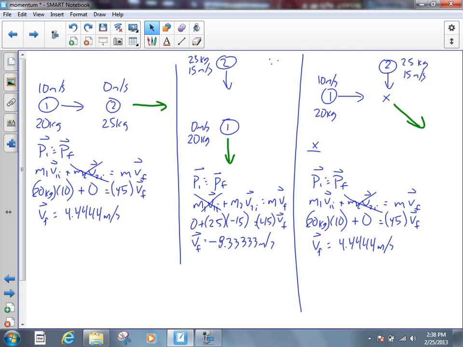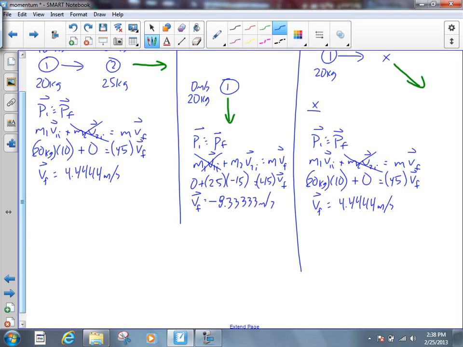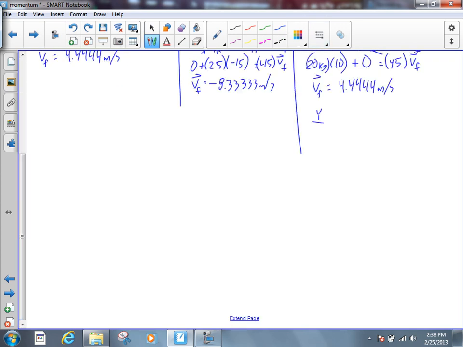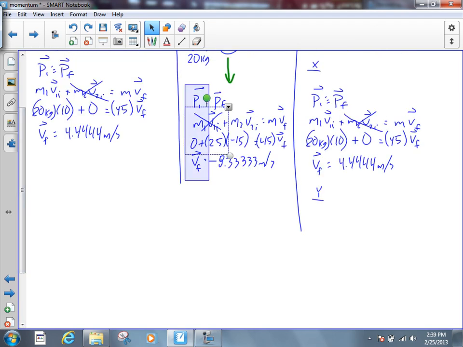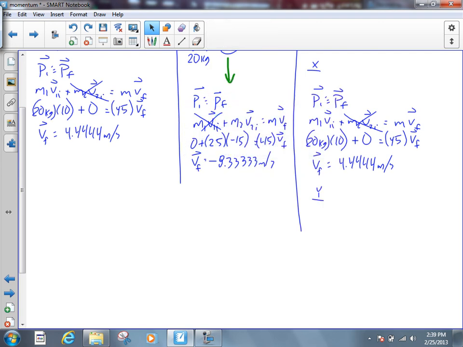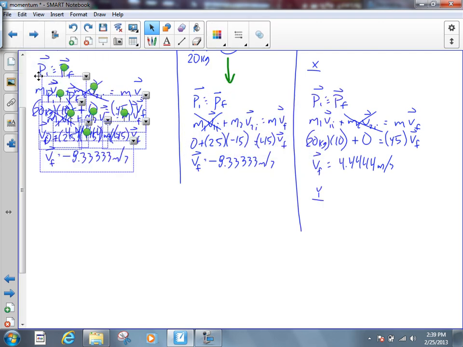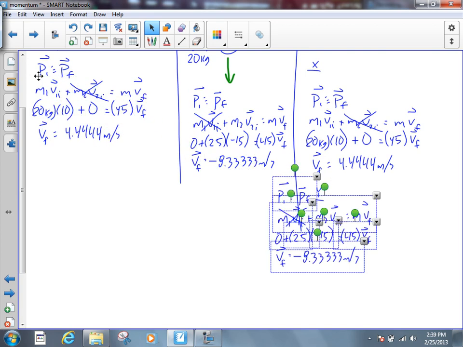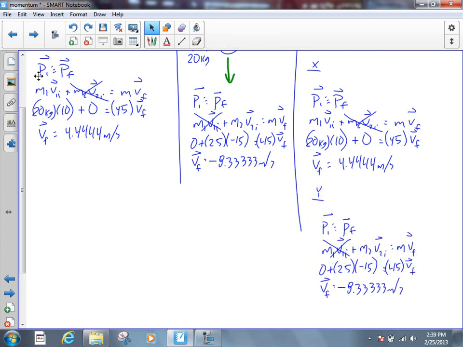Let's try the same thing now for the y component, except for the y component, we're not going to copy over question number 1, we're going to copy over question number 2. When we're dealing with the y component, we're ignoring everything x. So basically, it allows us to treat it exactly the same as we did for the question that was just a y component.